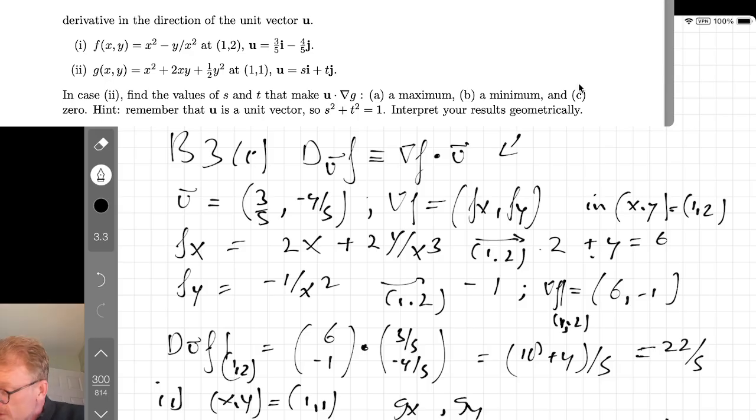So when theta is 0, grad g is aligned with u, or u is aligned with grad g. That's a better way of saying it. When cos theta is -1, it's opposite.